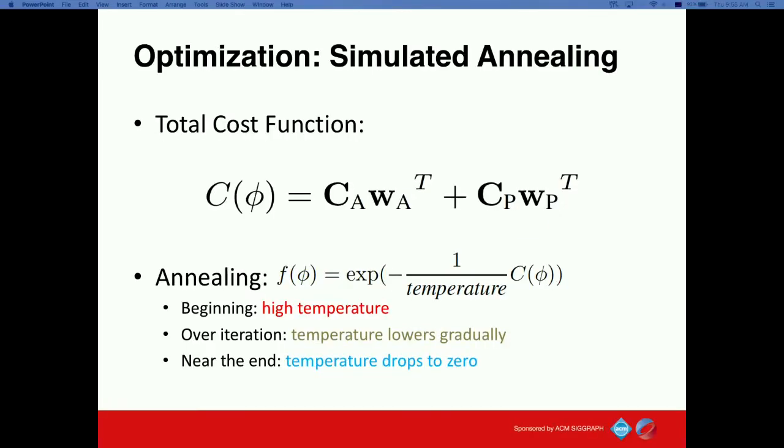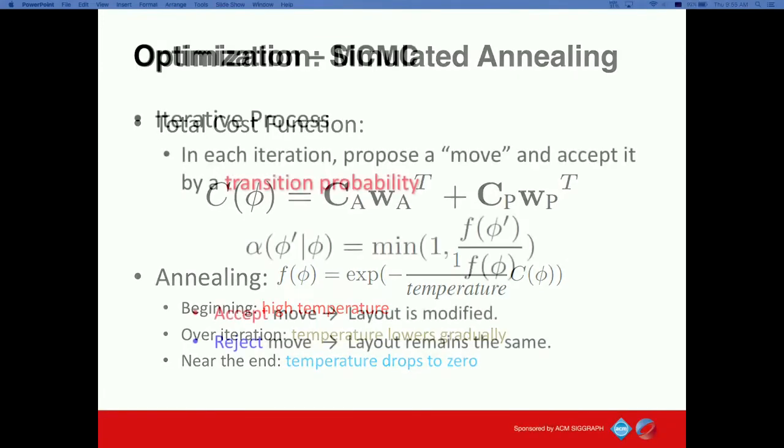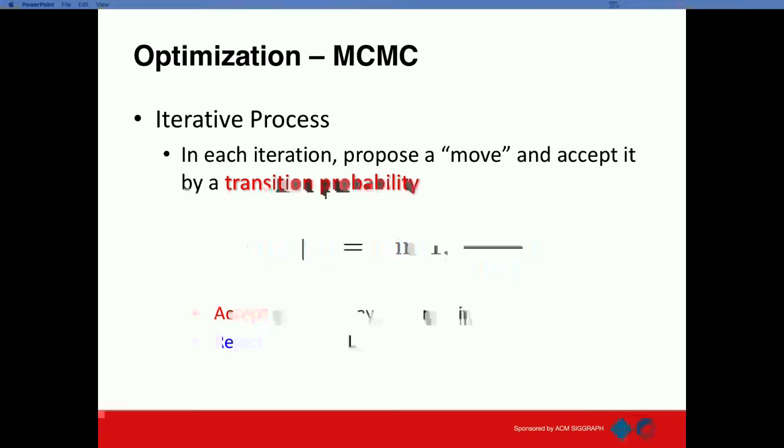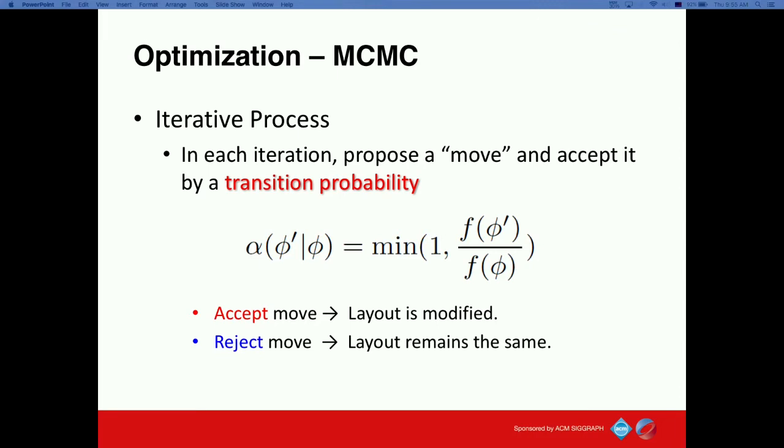We applied MCMC here to synthesize layouts in an optimization style, seeking layouts with global minimum cost. In each iteration, a move is proposed, which can be either accepted or rejected by a transition probability. If the move is accepted, the layout is modified accordingly. If rejected, it stays the same.